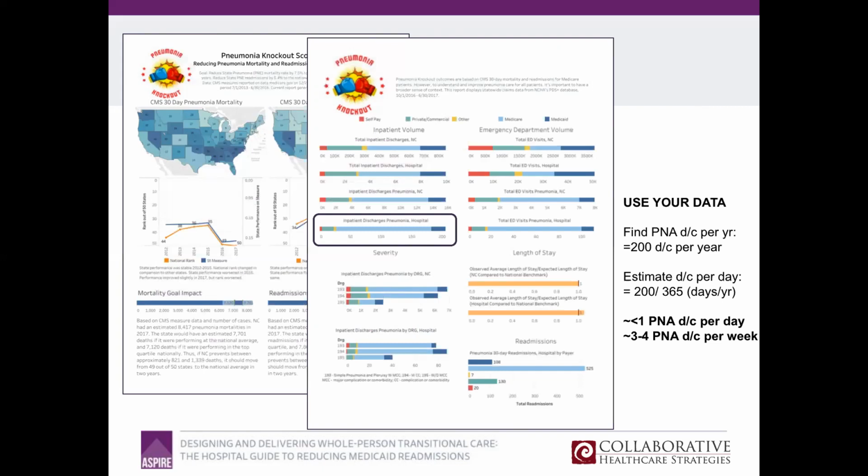So first and foremost, before we even think about risk stratifying or selecting certain subgroups of pneumonia patients, I would say to this hospital, at less than 1 discharge per day, or really 3 to 4 pneumonia discharges per week, which is what they have, I think you should be serving all 3 to 4 pneumonia discharges per week with whatever relevant readmission interventions you have planned for your target population.